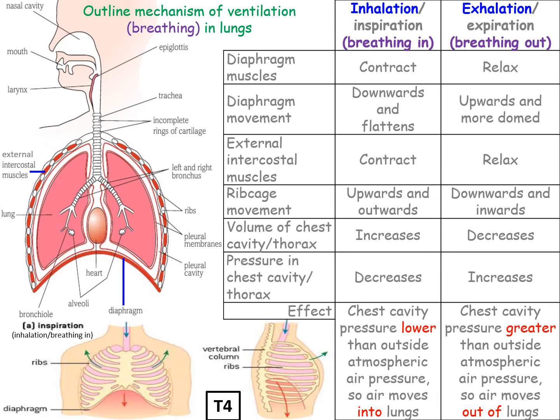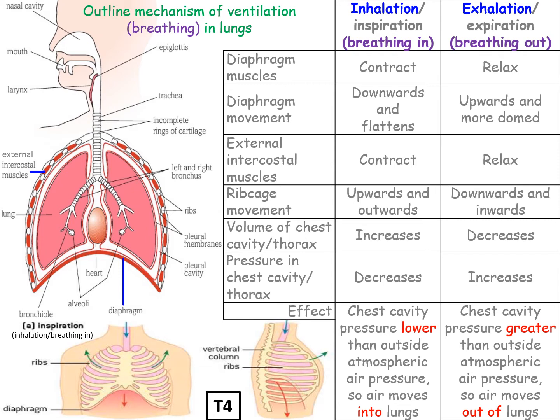So therefore the pressure in the chest cavity is now decreased, such that there is a lower pressure in the chest cavity and a higher pressure in the outside atmosphere, and that causes the air to move from the higher atmospheric air pressure to a lower pressure in the chest cavity, so air moves into the lungs.